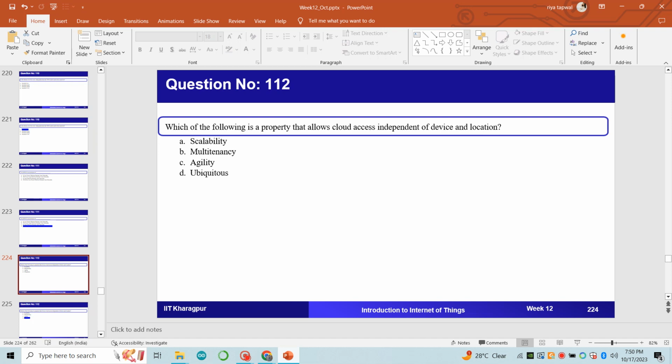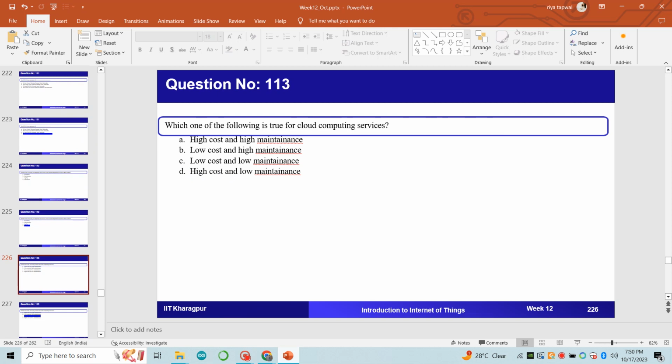Ma'am, C. Agility. Okay, anyone else? It's D. Ubiquitous means that it is present everywhere. So it is D. Okay, ma'am.